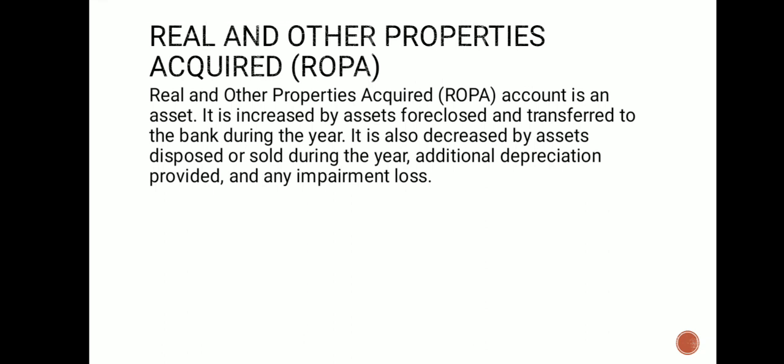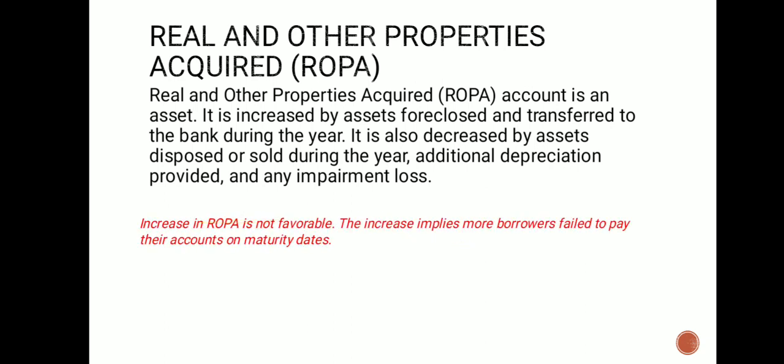Every time the ROPA account increases, it is because a property was foreclosed or transferred to the bank during the year. The ROPA account increases every time the bank acquires real properties. When it forecloses a property, it increases. And then it decreases if there is a property it previously foreclosed but has now sold. So we have here, an increase in ROPA is not favorable.